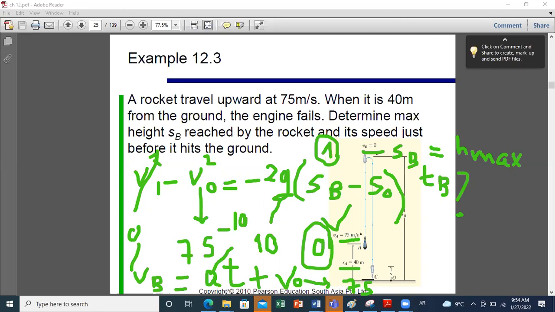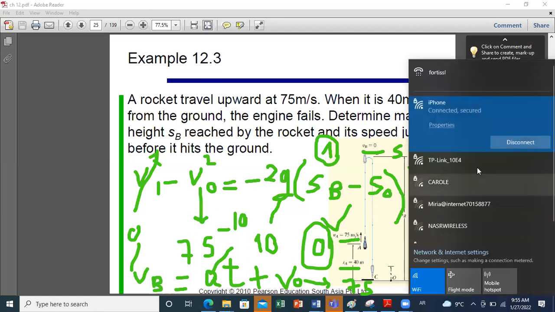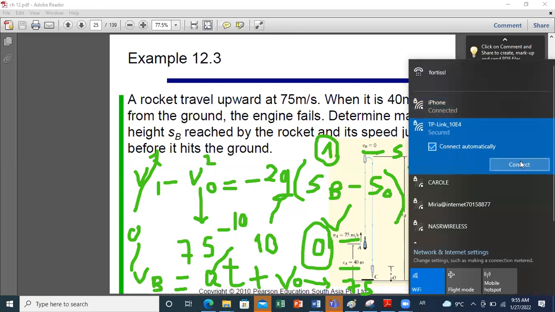And once I get TB, to get SB, what can I use now in a second step? The third equation, x equals half AT squared plus V0 t plus x0. Yes, exactly. Now I can use the relation between position and time.